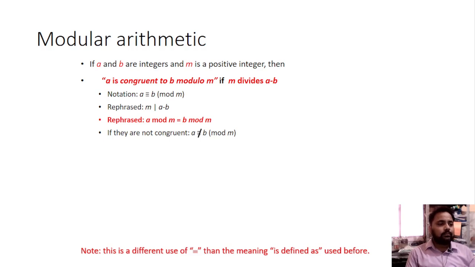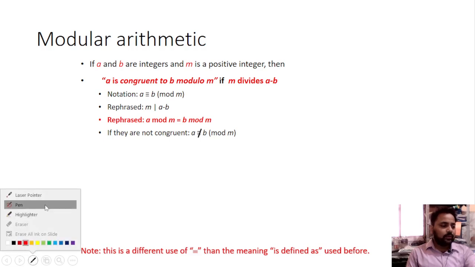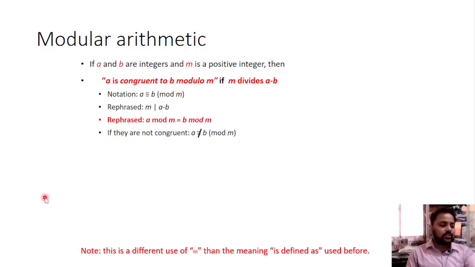In modular arithmetic, if a and b are integers and m is a positive integer, then a is congruent to b modulo m if m divides a minus b. This is the very important basic relation between the numbers m, a and b.